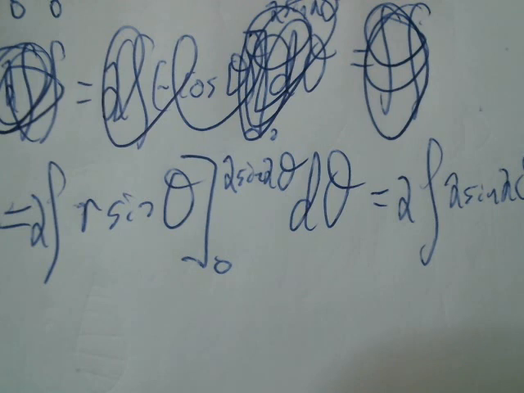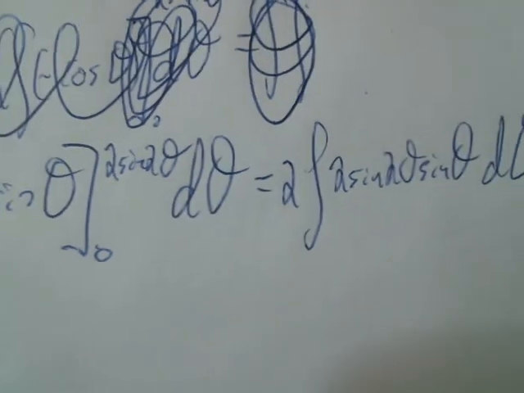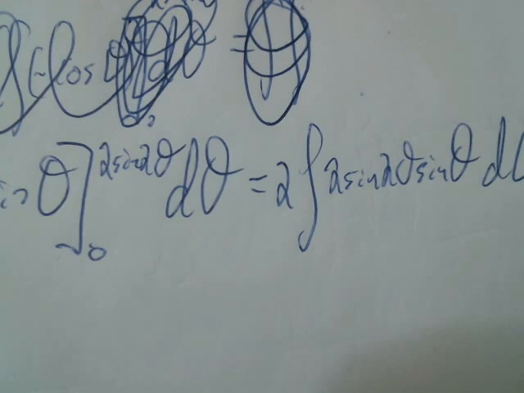I'm going to use a trig identity to simplify that 2 theta thing. So I'll rewrite 2 sine 2 theta as, what can I rewrite it as? 2 cosine theta sine theta.